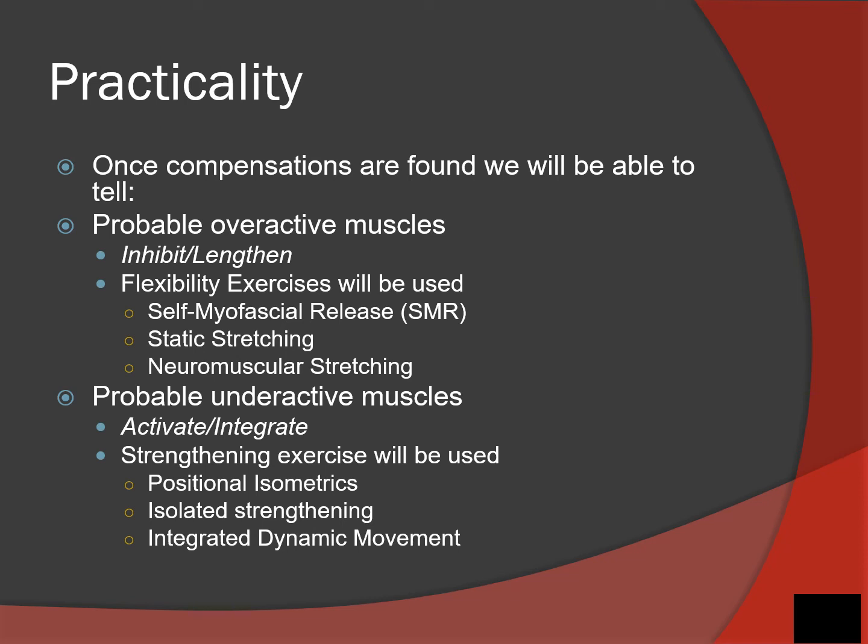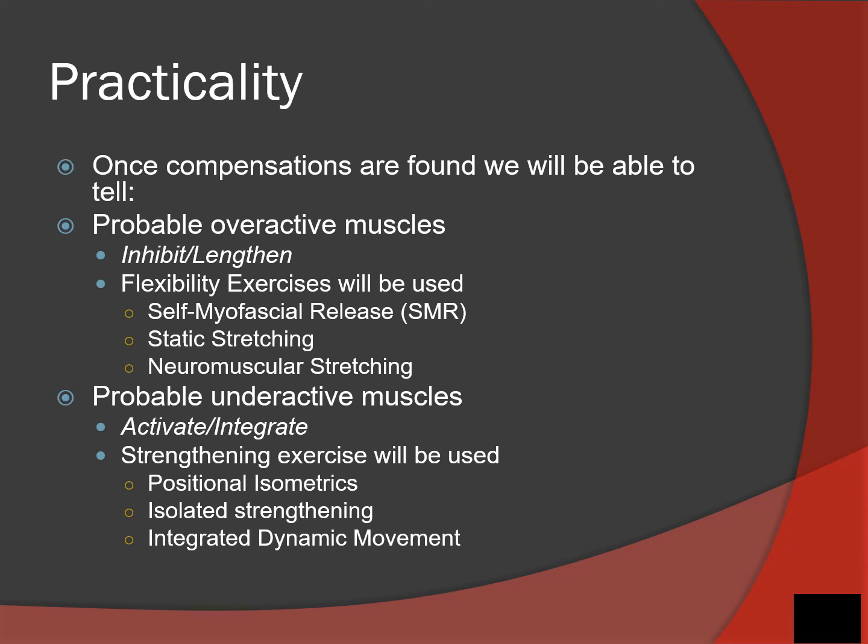And the best example I can give is when you're doing an overhead squat assessment. Let's say an individual's knees start to go into valgus. This might mean that you have some overactive muscles of the adductors. So the adductors of the thigh possibly are tight and overactive, so we're going to inhibit and lengthen those.